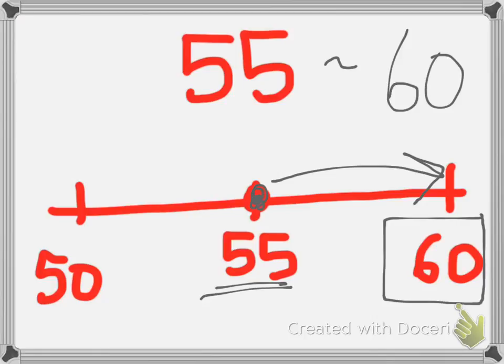Now, here's a little trick that I'm going to show you to help you remember what happens when there's a 5 in the ones place. Think of yourself holding some balloons. Maybe it's your birthday. Here's a balloon. Here's a balloon. Here's another balloon.